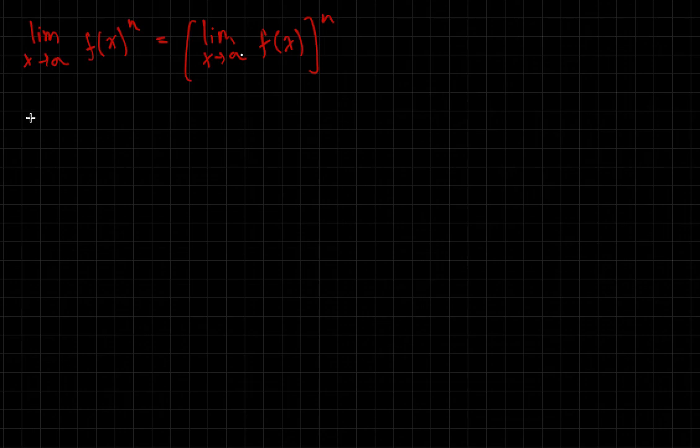To do so, I'm going to say I have the limit as x approaches a for f of x squared. So this function right here is squared, not the entire limit.